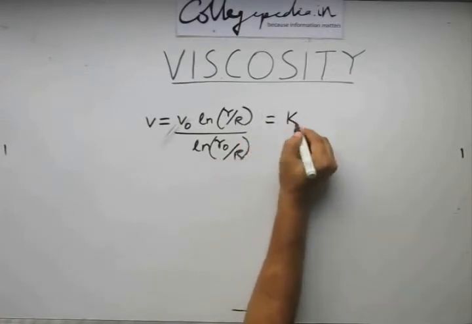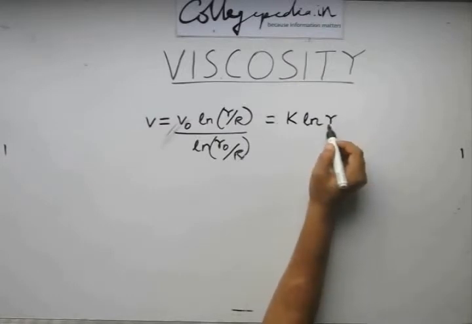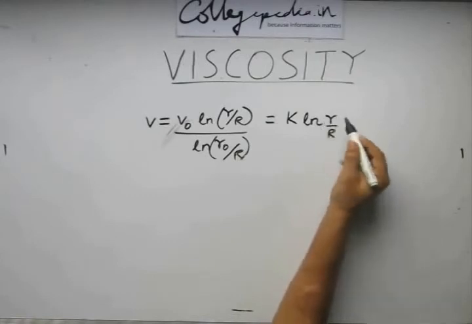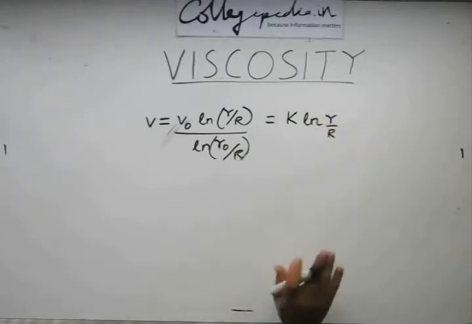So we have, let's say, k times ln of r divided by R. This can entirely be taken as another variable, but for convenience let us write it in this format only.